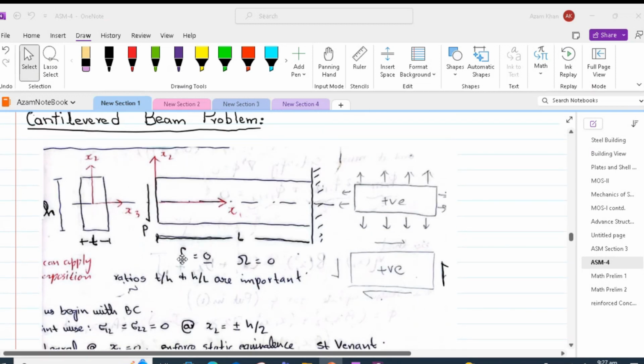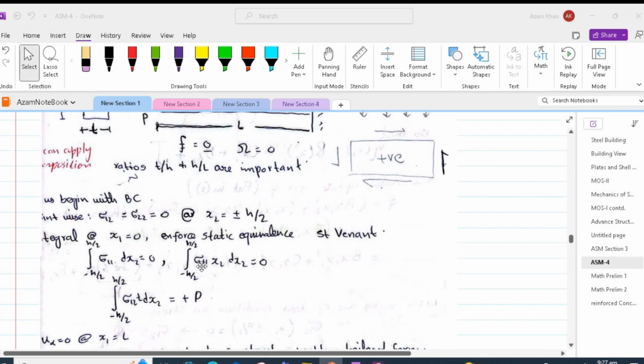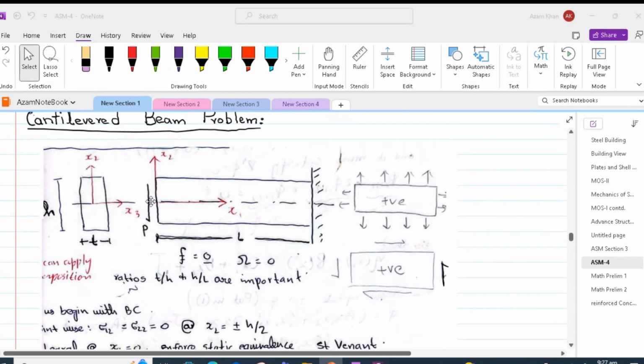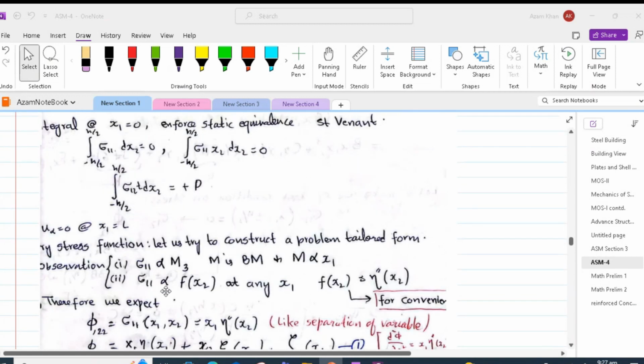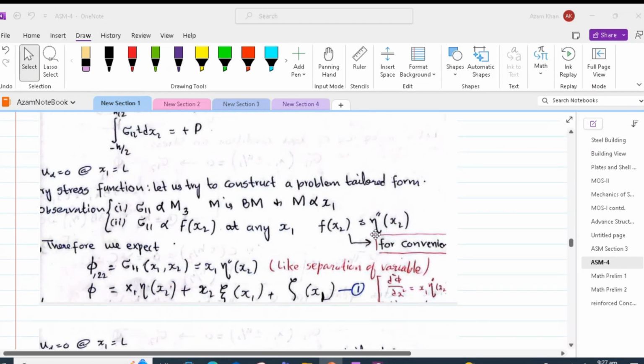As we can see from here also, sigma 11 times x2, which is in the vertical direction, will give us the flexure moment. So based on that, we can write that sigma 11 is proportional to a function of x2, and we assume that function of x2 is equal to eta double dash x2.